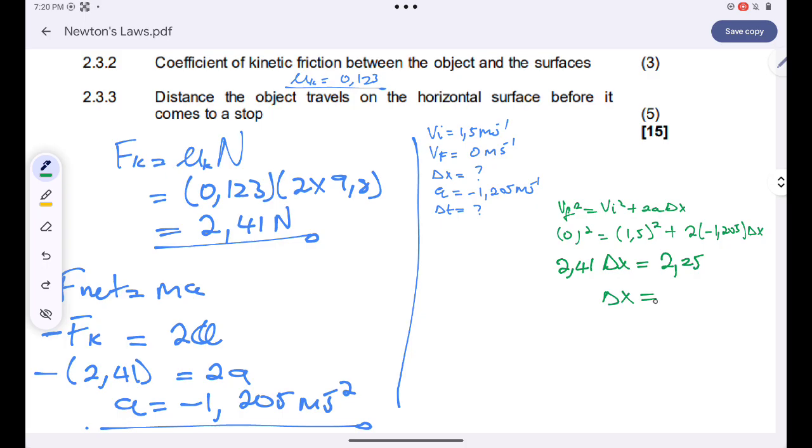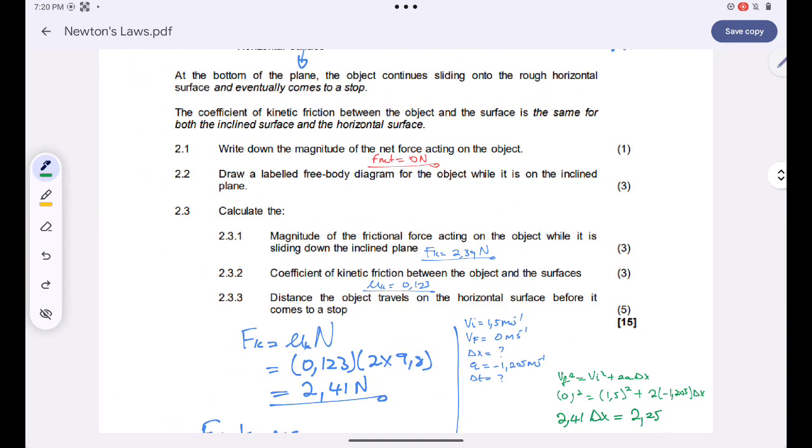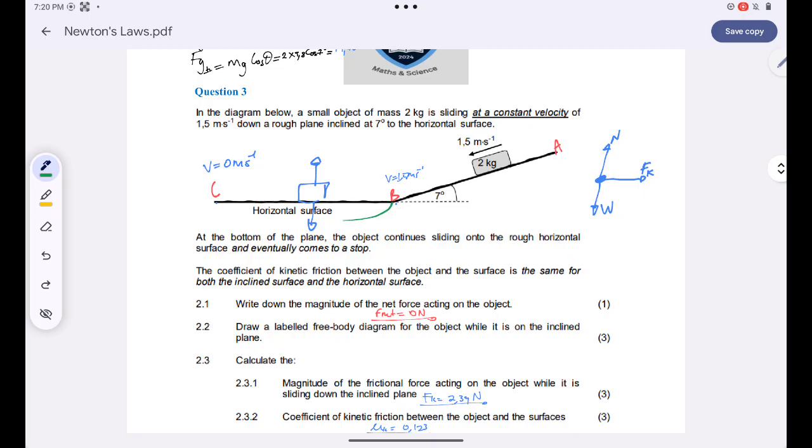So the distance traveled is 2.25 divided by 2.41. I'll simplify that to a distance of 0.93 meters. So the block has traveled from B to C for a distance of 0.93 meters before it came to a stop.